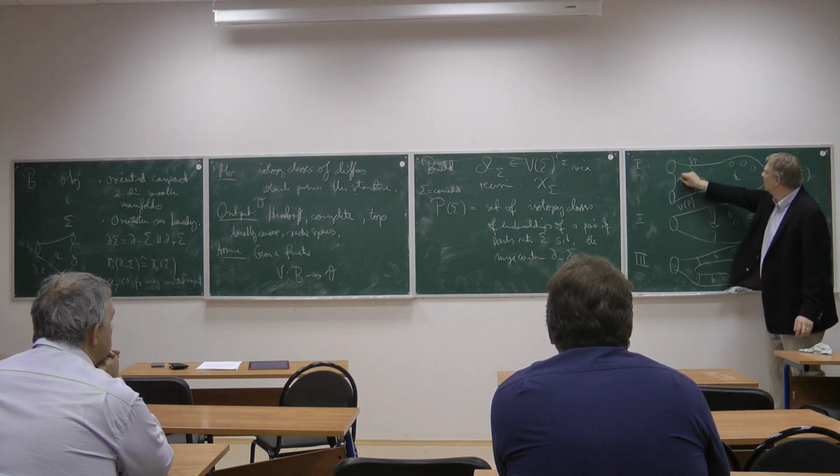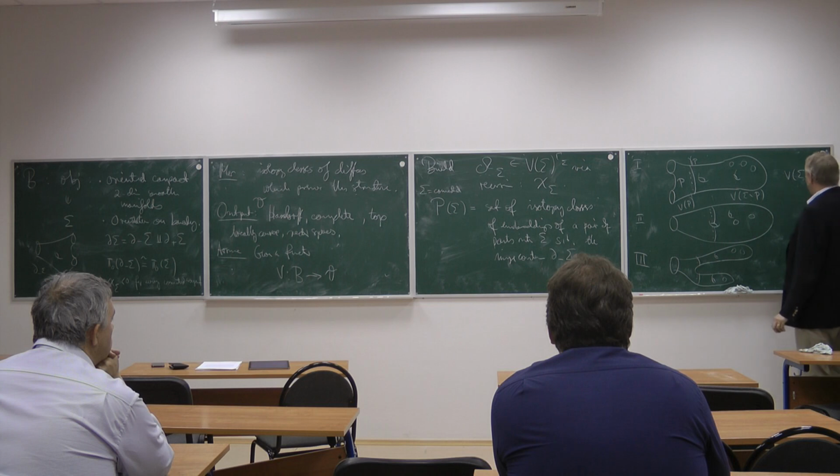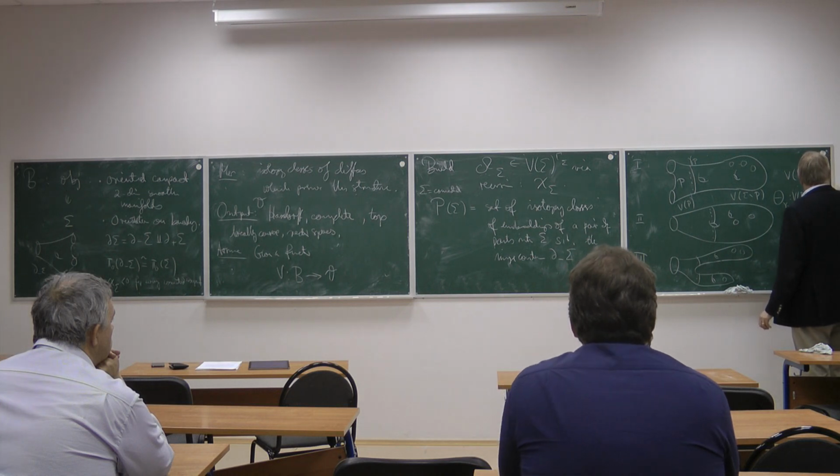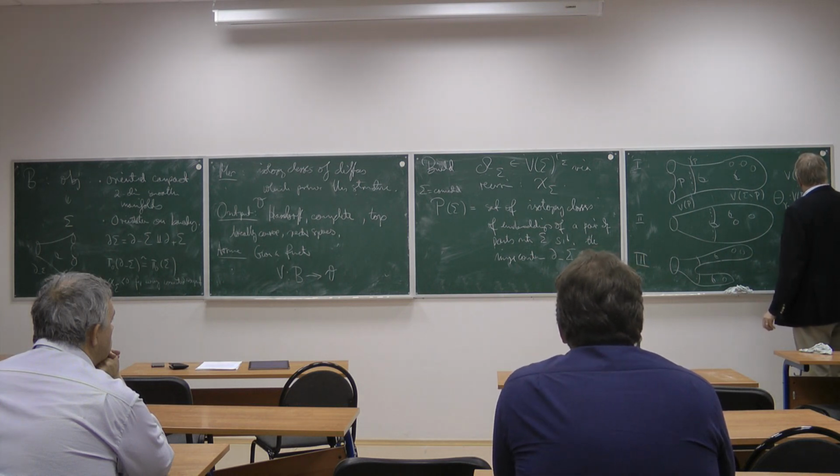So this is the pair of pants. And so if I somehow was given a gluing map, which depends on this cut curve on P, and goes from the vector space of the pair of pants across the vector space of the complement to the vector space of the whole surface.